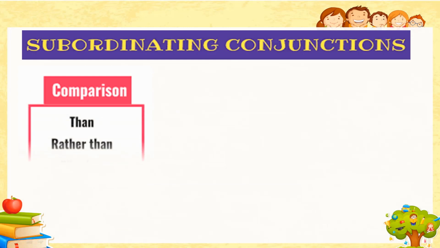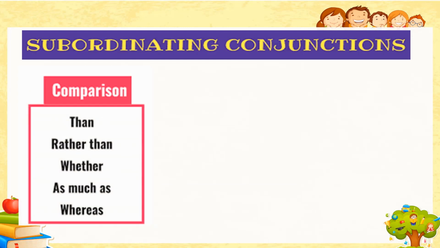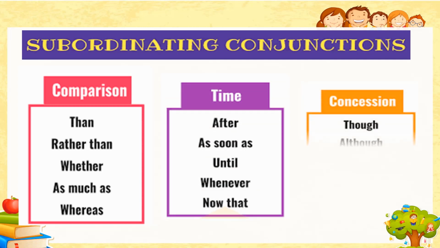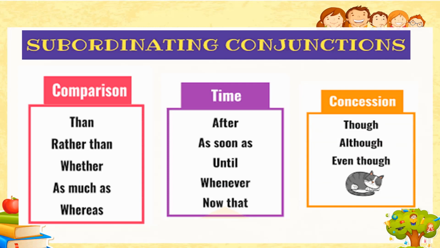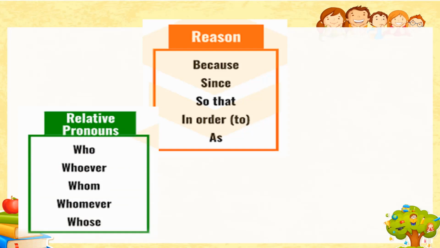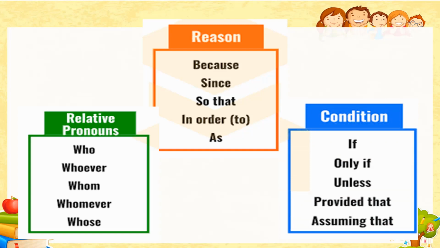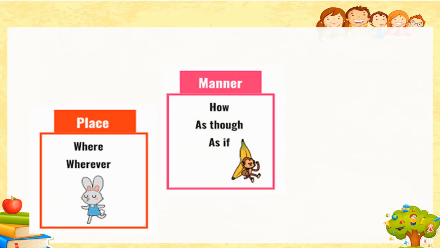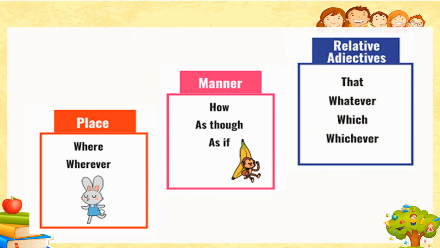Other examples of subordinate words are than, rather than, whether, as much as, whereas, after, as soon as, until, whenever, now that, though, although, even though, because, since, so that, in order to, as, who, whoever, whom, whomever, whose, if, only if, unless, provided that, assuming that, where, wherever, how, as though, as if, that, whatever, which, and whichever.